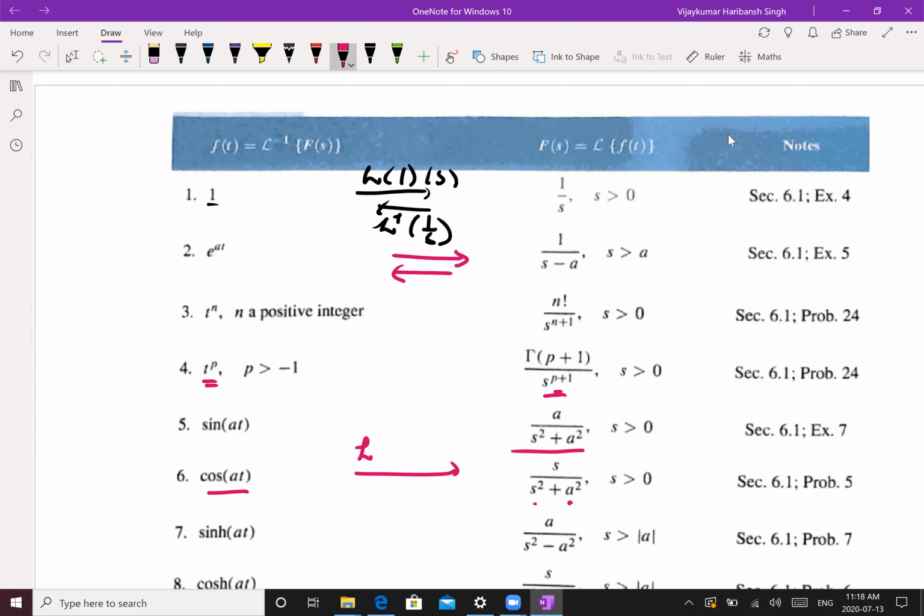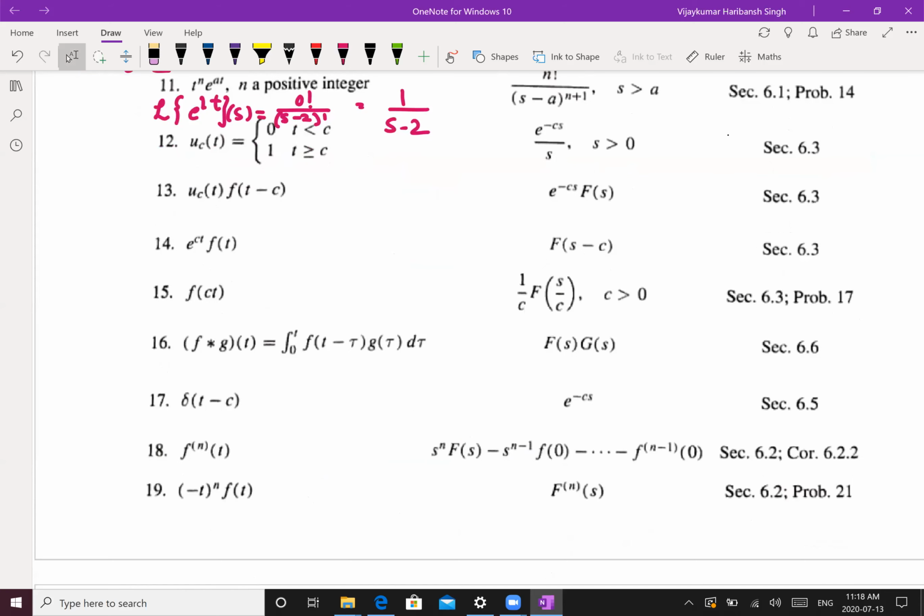So if I want the Laplace of cos of at, with the variable s, then you get that. And when you apply Laplace inverse to a upon s squared plus a squared evaluated at t, you get back this function. So you see, you go this way and then you go the other way around. Similarly, we'll have Laplace transforms of the other ones. We'll see them as they come along.